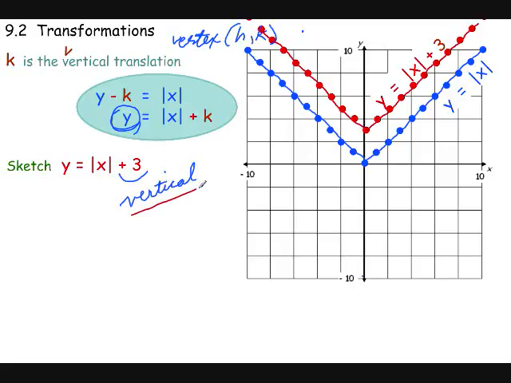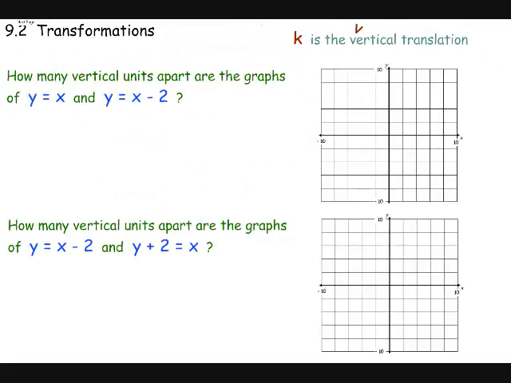That's the vertical shift. Vertical shift is, I think, fairly easy to understand. K is the vertical translation. How many vertical units apart are the graphs?